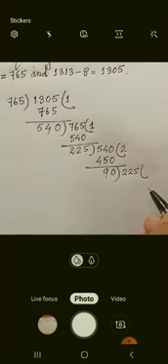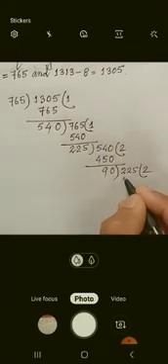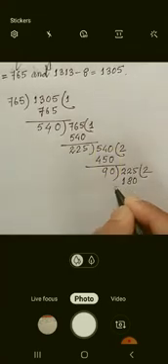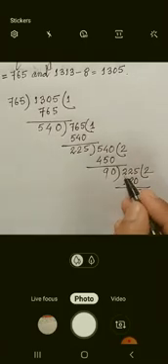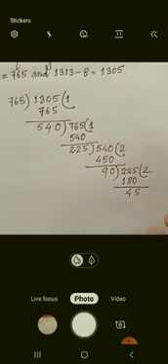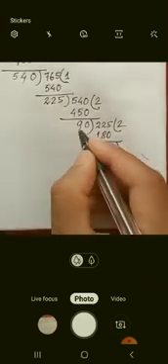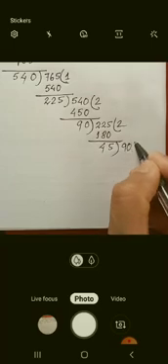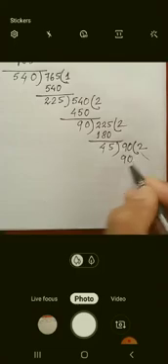90 two times is 180. Now subtract 180 from 225. The result will be 45. Now again divide 90 by 45, 2 times. 2 times 45 is 90.